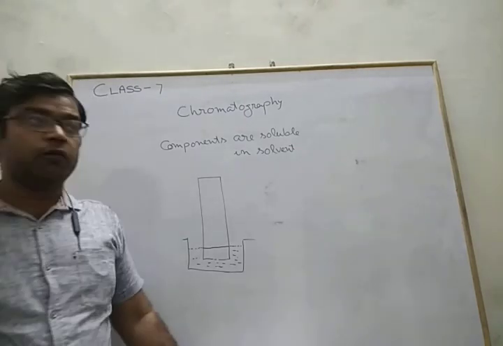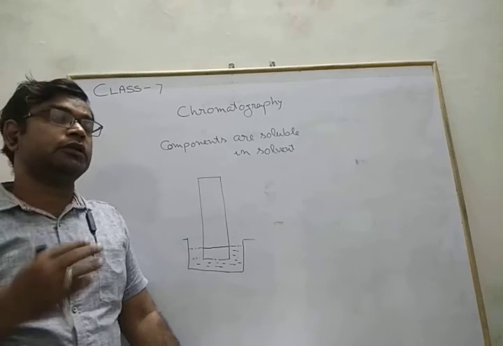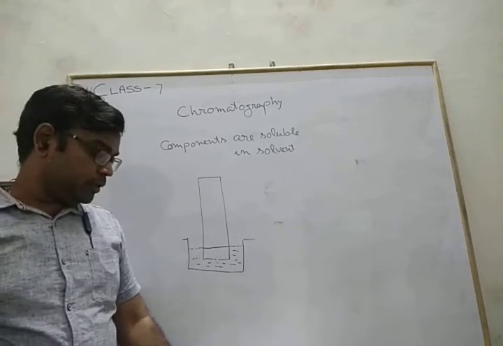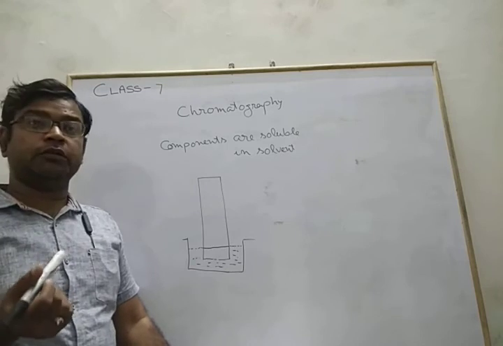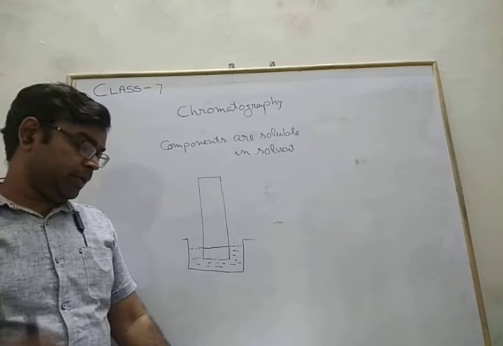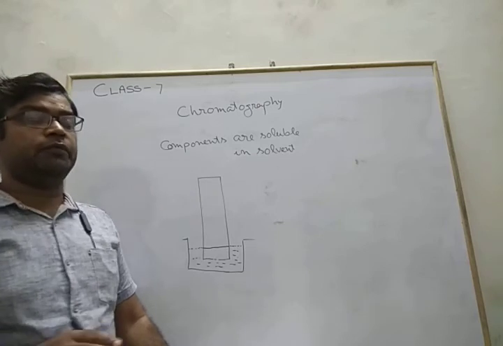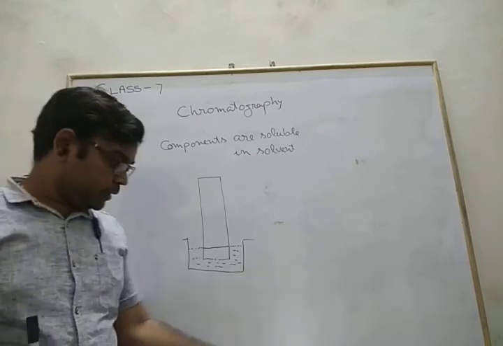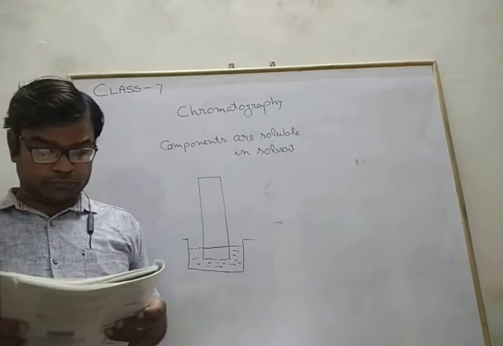First, suppose we are going to find out the components of a mixture, or the components of blue color ink. As we know, blue ink or any other color ink is not made from only one component.